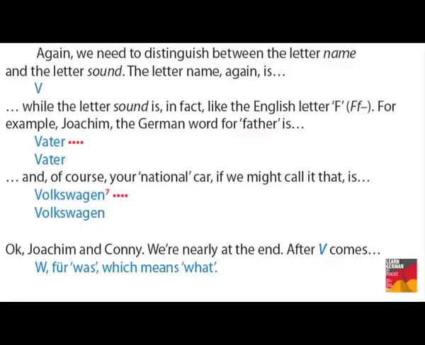Vater. And of course your national car, if we might call it that, is Volkswagen. Volkswagen. Okay, Joachim and Connie, we're nearly at the end. After V comes, W für was, which means what.